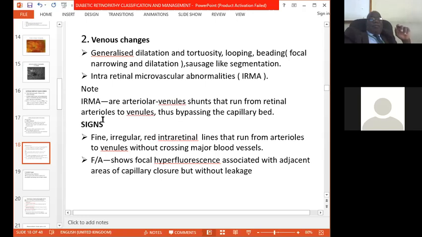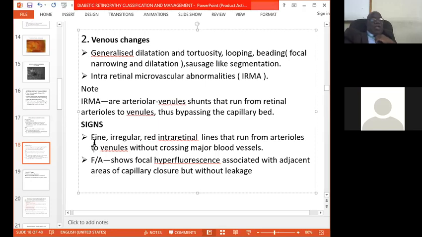In terms of signs, you have fine, irregular, red intraretinal lines that run from arterioles to venules without crossing major blood vessels. Fluorescein will show better, where you have focal hyperfluorescence associated with the adjacent areas of capillary closure, but without leakage. Those are the signs of IRMA, intraretinal microvascular abnormalities.